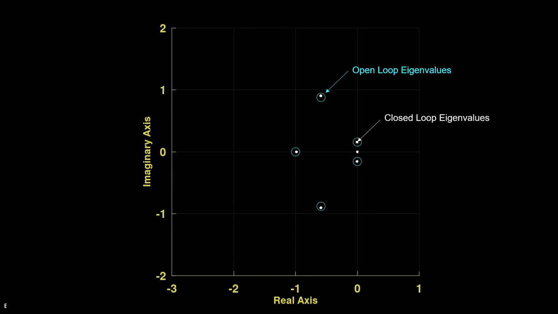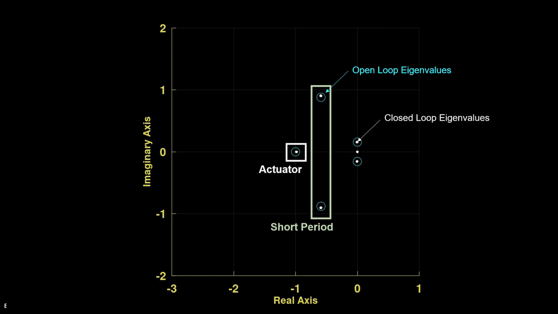We start with a case of low control effort or low gain, where blue circles denote the open loop eigenvalues and white dots are the closed loop. We identify the process to which each eigenvalue corresponds: the actuator, the short period mode, the phugoid, and the integrator.